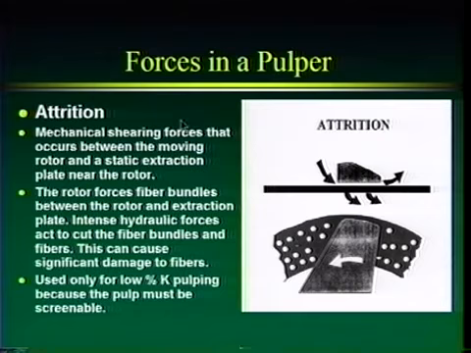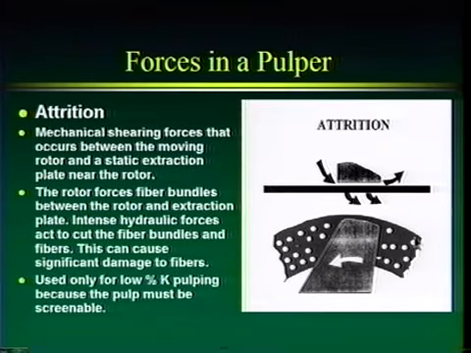Attrition is the mechanical shearing forces that occur between the rotor and the bottom of the pulper, which is typically an extraction plate with holes in it. Here's my side view. Here's the rotor moving in this direction, and here's the bottom of the pulper, which is stationary. Here's a top view where the rotor is moving this way, and the bottom of the pulper, stationary with the holes in it, is right here.